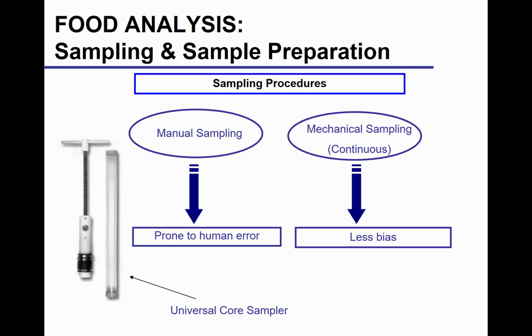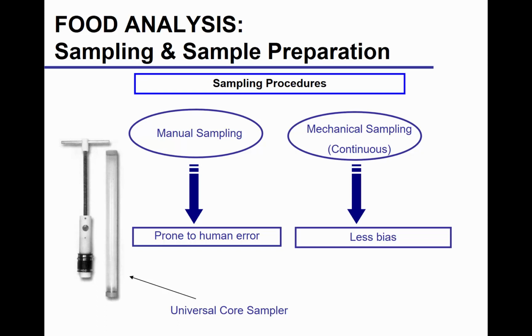So you can get manual sampling, which is prone to human error, or you can have mechanical sampling, which is oftentimes continuous and is less biased. And this is often performed with what we call systematic probability of sampling, or sampling probability. So we'll talk about that in a minute.